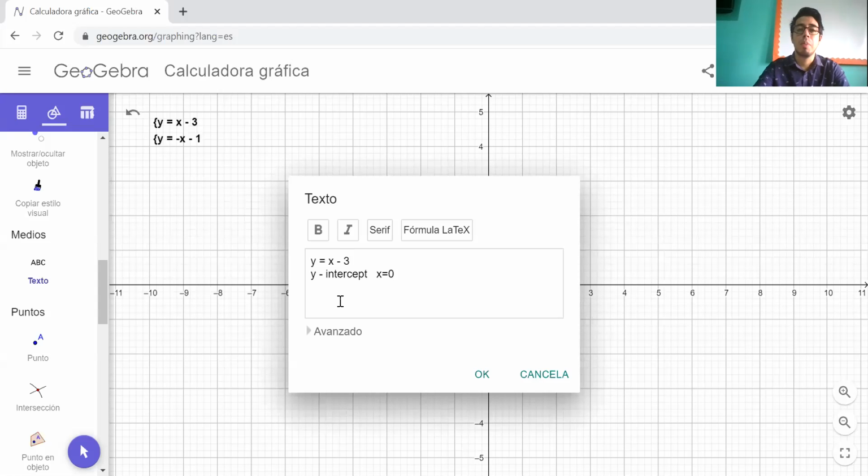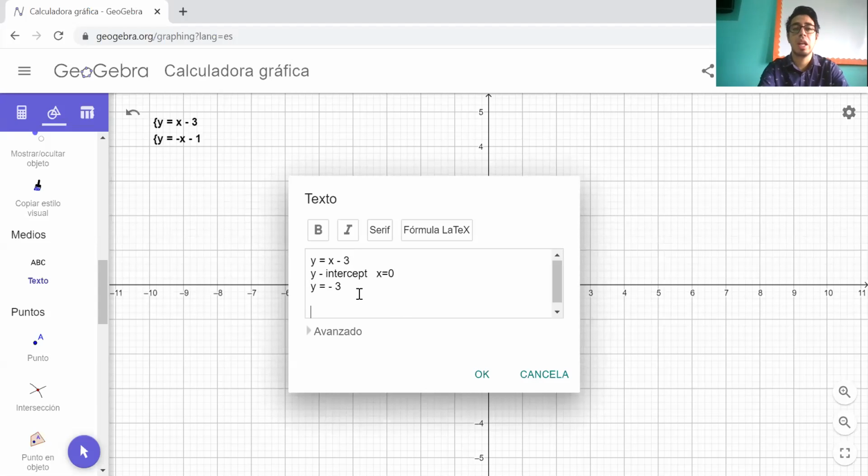So we are going to replace the value of x with 0 in the equation. Then y is equal to 0 minus 3. y is going to be negative 3 then. Okay? x is 0 and y is negative 3.